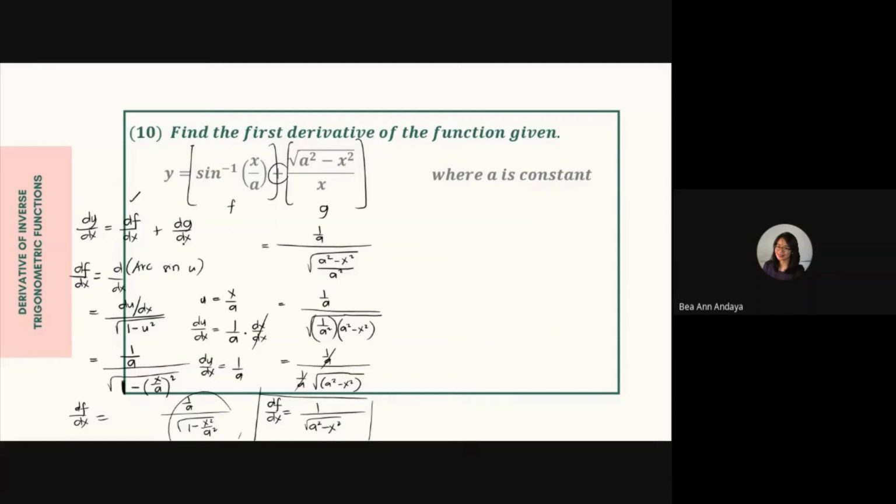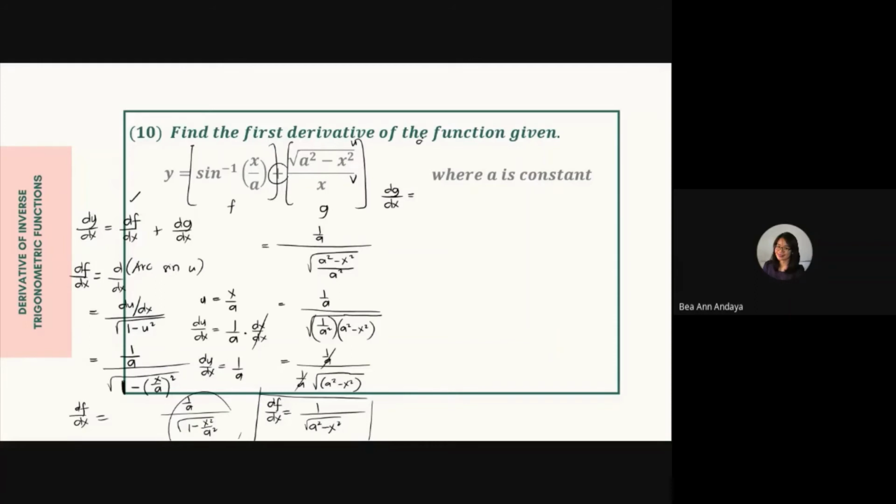How about the dg all over dx, or the derivative of the second function with respect to x? So let's see. For the dg all over dx, we are going to work on a fraction, or kung babalikan natin yung quotient rule, kailangan daw natin gumawa ng, let's say this is the numerator, or lagay na lang natin na u, and this one is v.